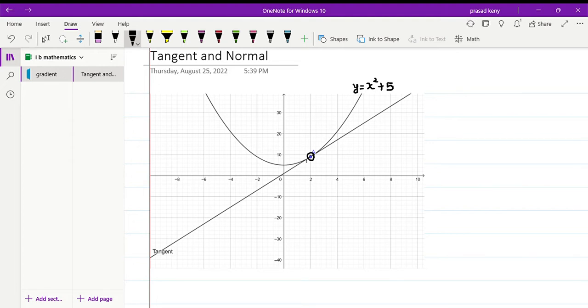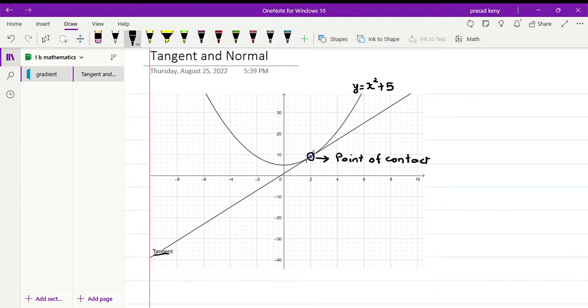So, this is the tangent and it is touching the given curve in a single point A. This point A is called the point of contact.